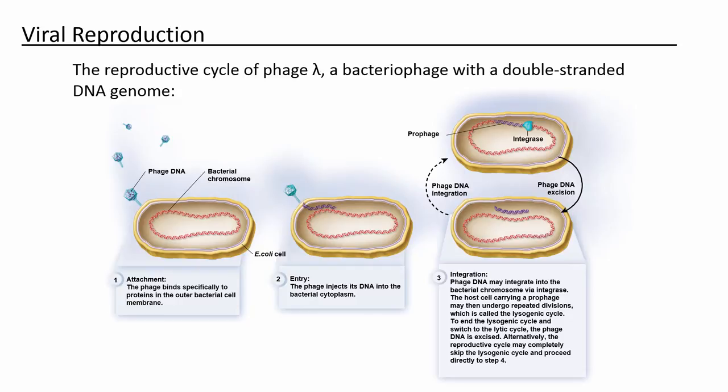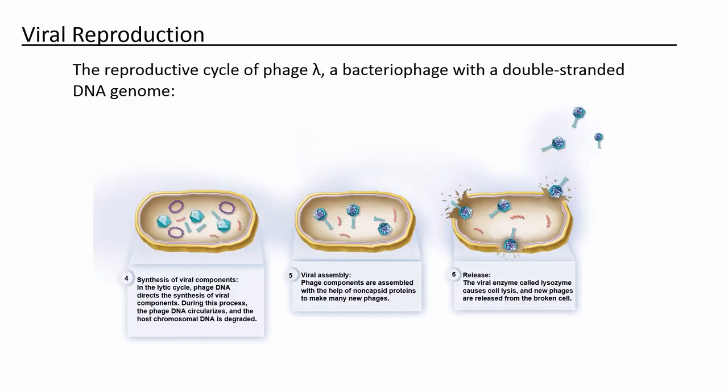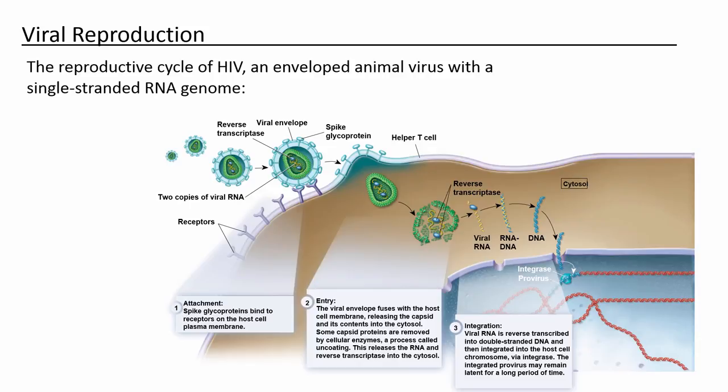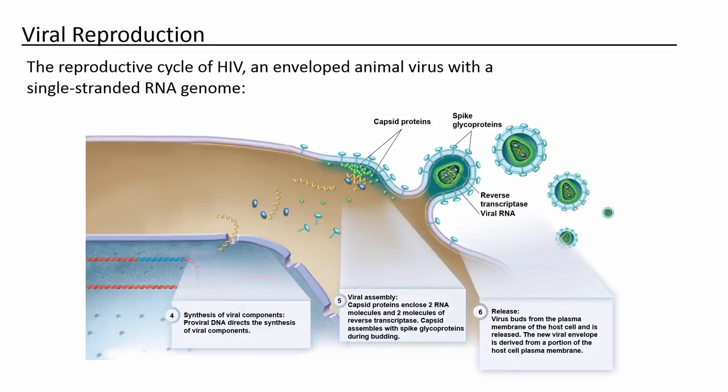I'm going to write out all the phases on the board. The next 2 slides after that are the same thing for HIV: the steps of HIV infecting a helper T cell, and then the different steps involved in replicating and releasing new virus from that cell.